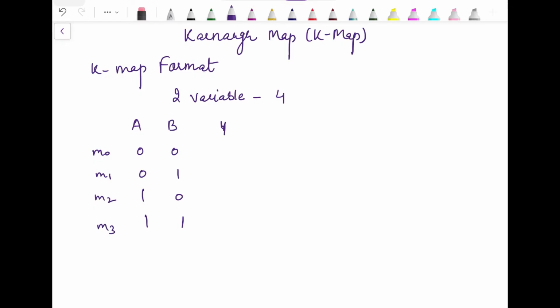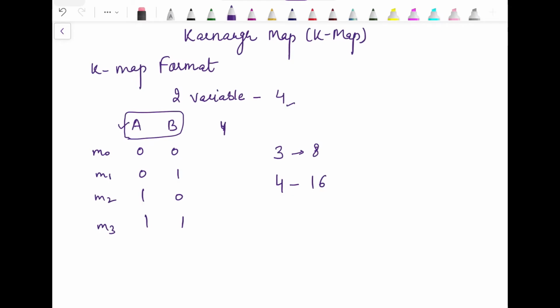So in K-maps, how many cells there are is decided by how many variables we have. Like with 2 variables we have 4 possible combinations, 3 variables 8 combinations, 4 variables 16 combinations.